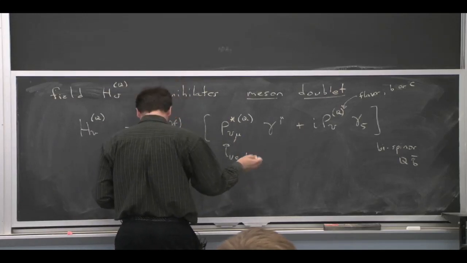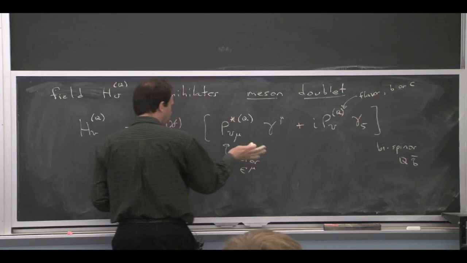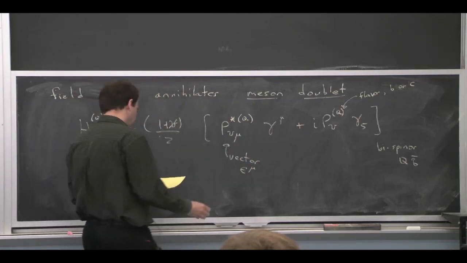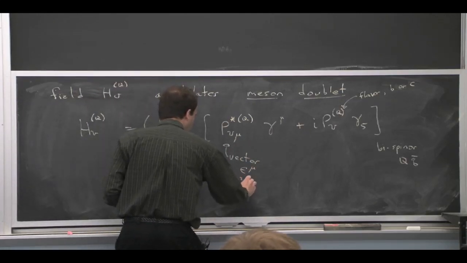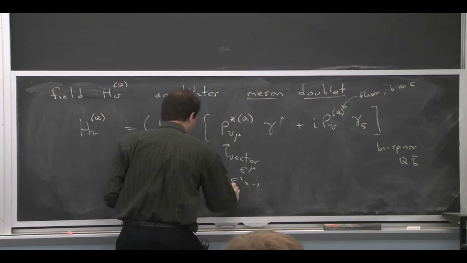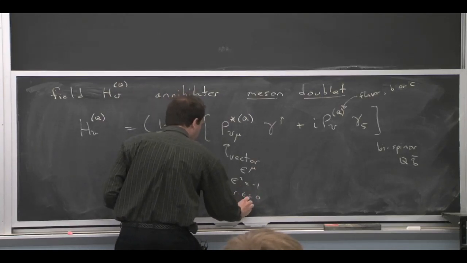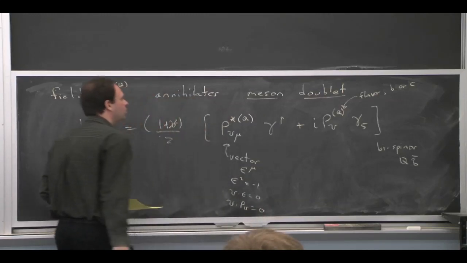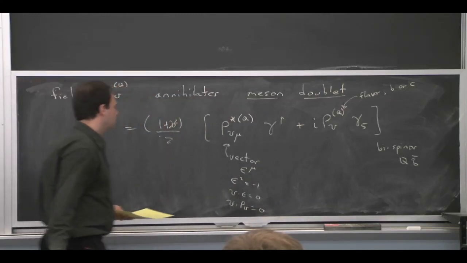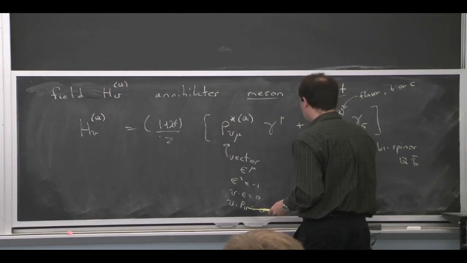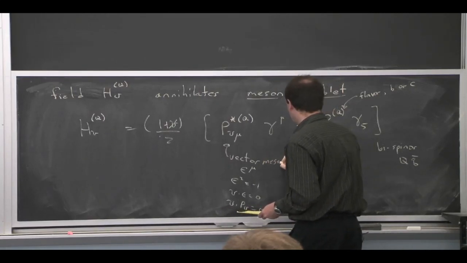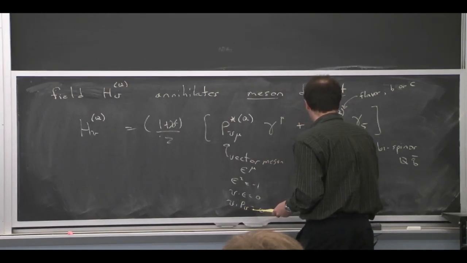This is a vector, so this is like something that, if you acted on a state, would get replaced by the polarization. Epsilon squared is -1, and v dot epsilon is 0. So that means that v dot this guy is also 0. And this is the pseudoscalar. So this is the vector meson, and this is the pseudoscalar.